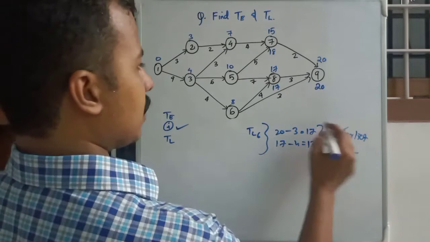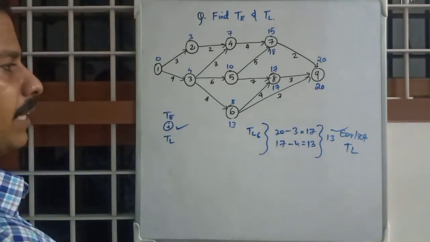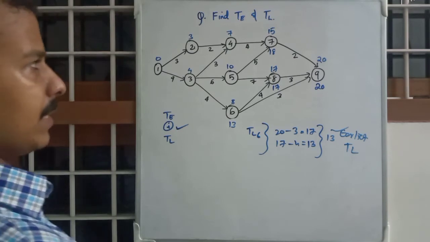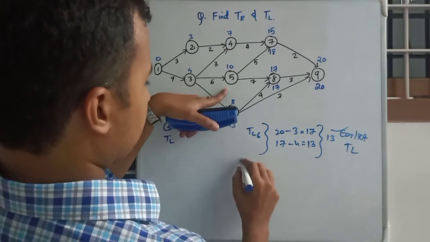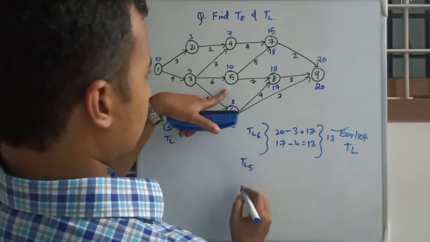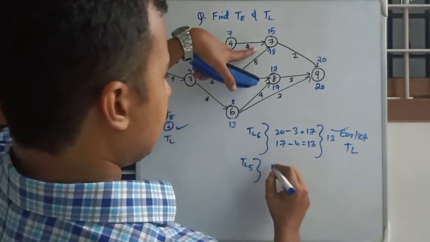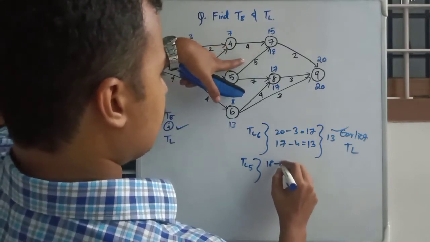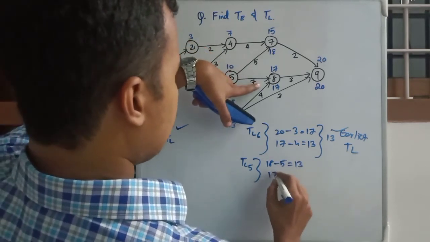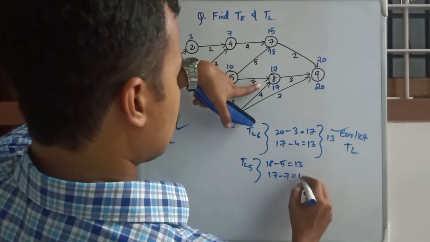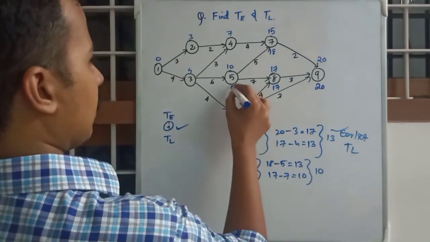Okay, so 13 will be the TL of 6. And then again TL of 5, from 18 minus 5, that is 13, from 17 minus 7, that is 10, from that we will take 10.